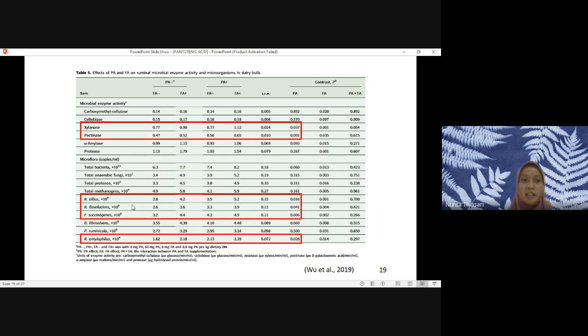And this table is about the supplementation of the pantothenic acid and folic acid on the ruminal microbial enzyme activity and microorganism in dairy bulls. But I would like to show more on the addition of the pantothenic acid only.